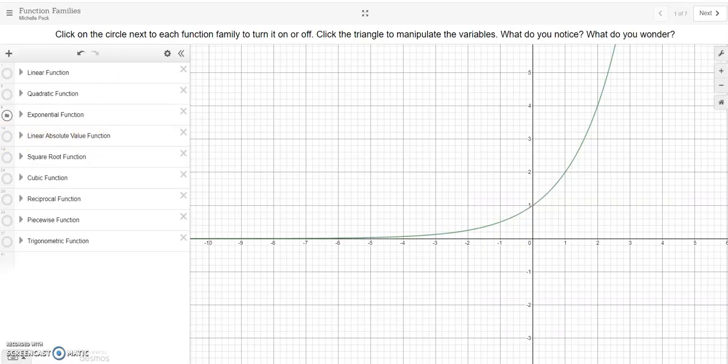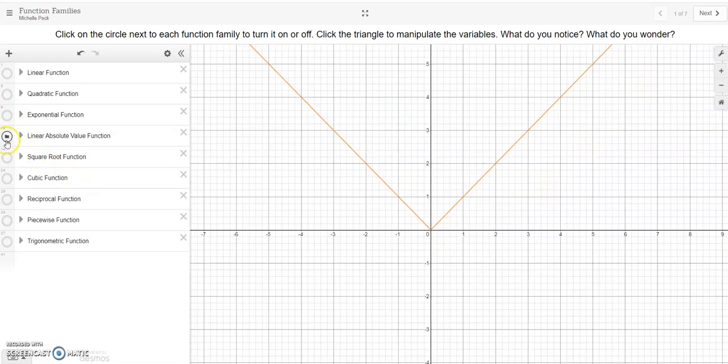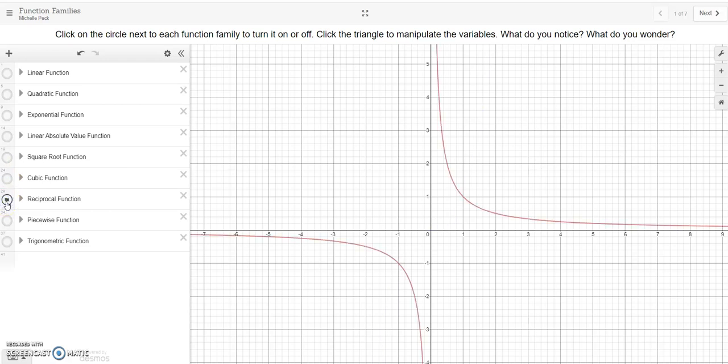So back to the function families, some other functions that we've looked at are absolute value functions, so we've studied that. We haven't really talked a lot about this, but square root functions, a cubic function, reciprocal functions you'll master in higher grade levels.